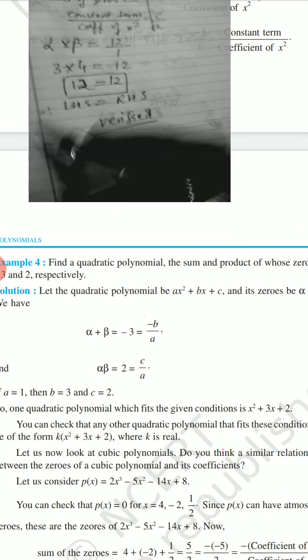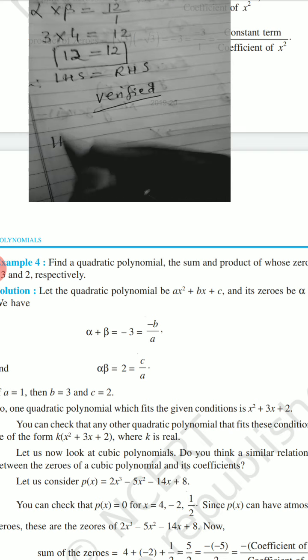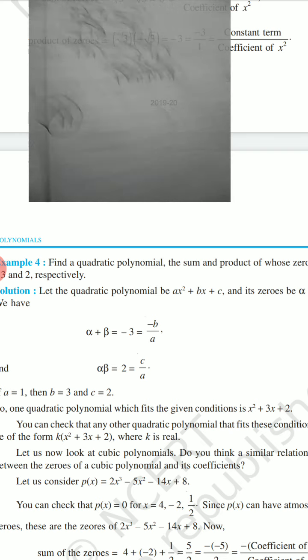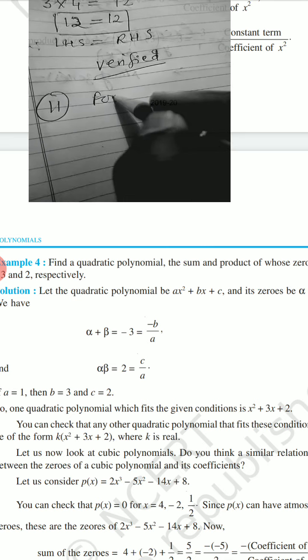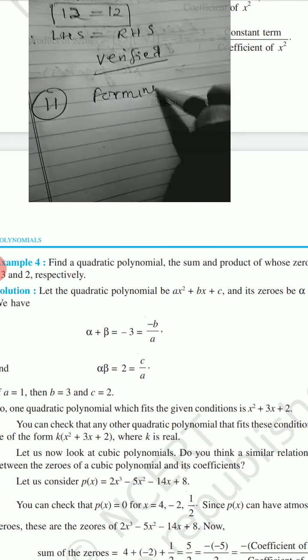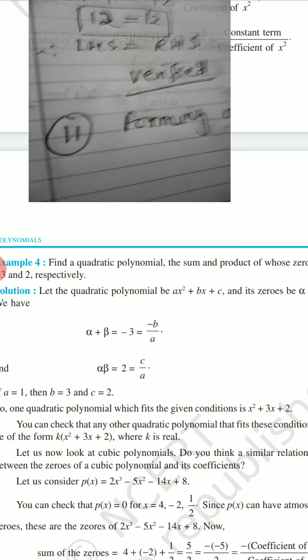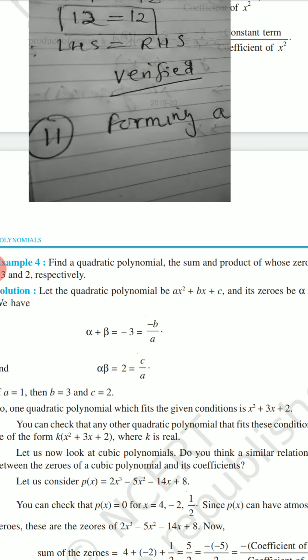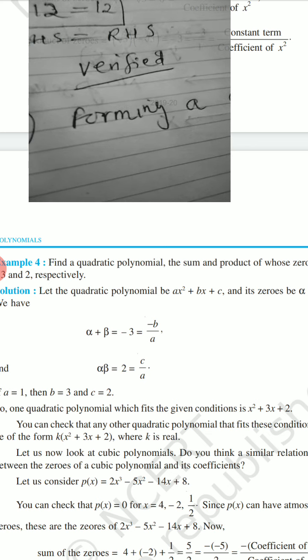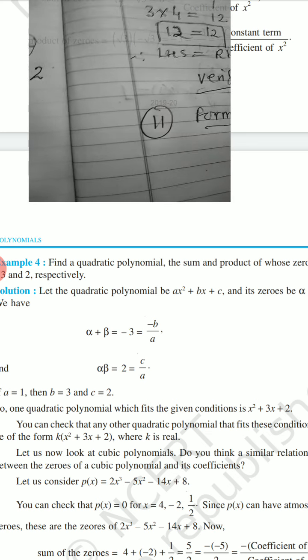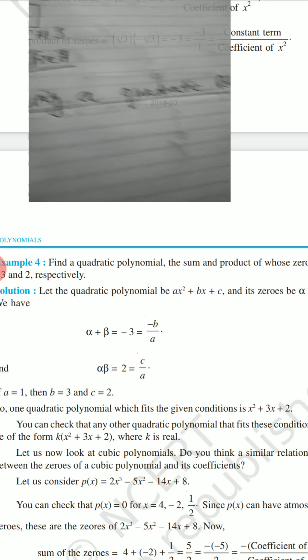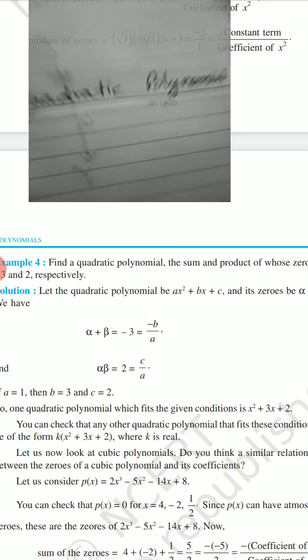Now in the second part we discuss how to form a quadratic polynomial. Forming a quadratic polynomial.